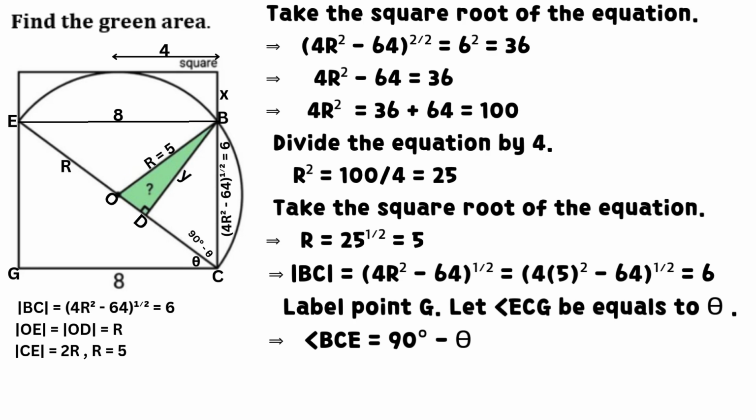Label point G. Let angle ECG equal theta. It shows that angle BCD equals 90 degrees minus theta. It is because angle C equals 90 degrees.